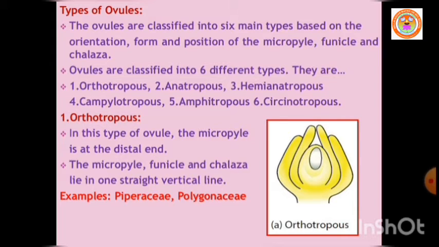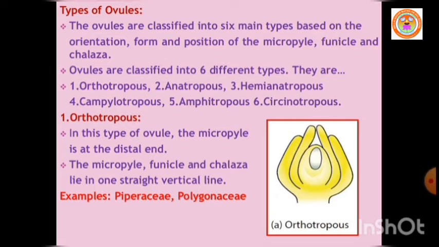Dear students, today we are going to continue chapter 1 in botany, asexual and sexual reproduction in plants, in which we cover types of ovules. In the previous session, we discussed the structure of an ovule, which is also known as megasporangium, in detail.